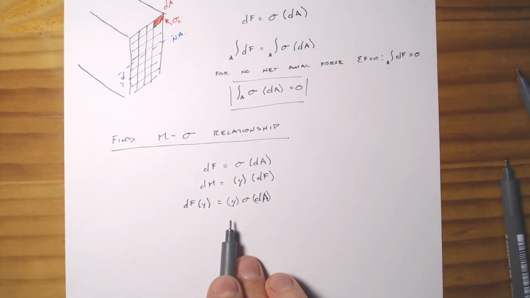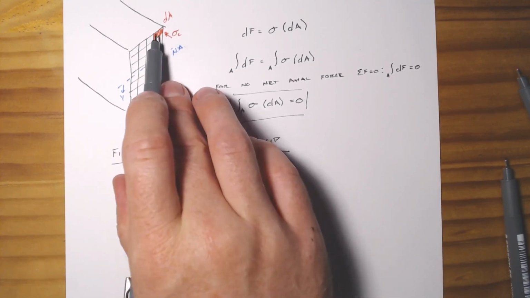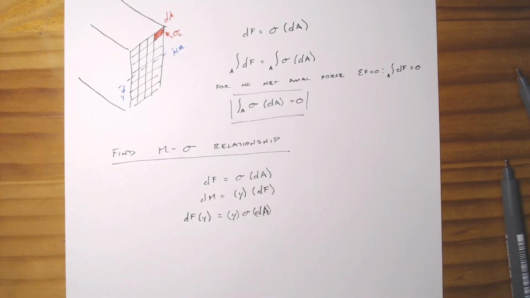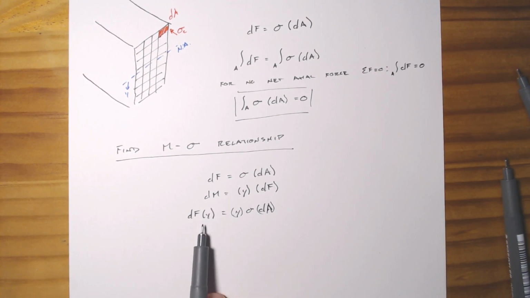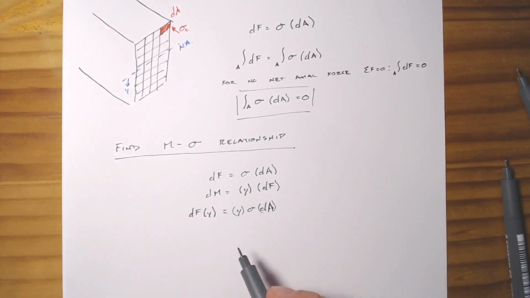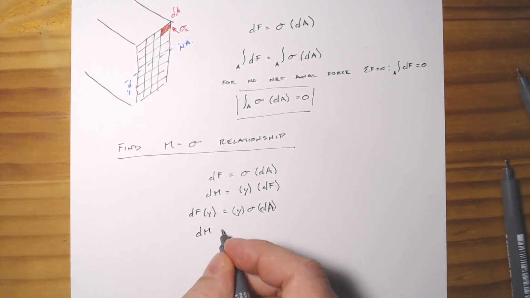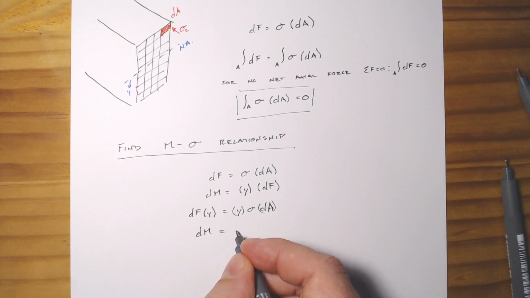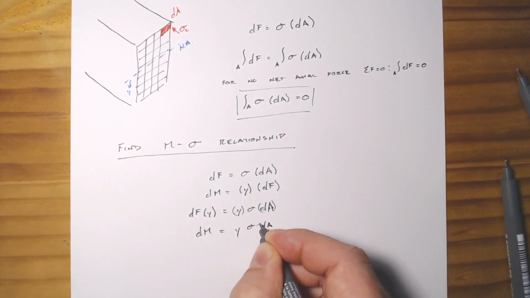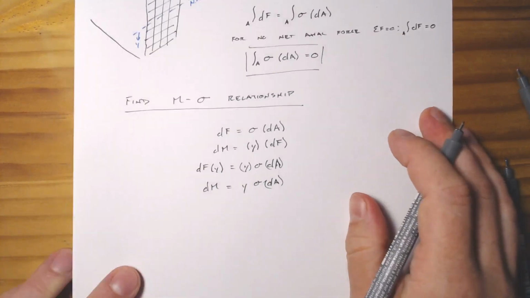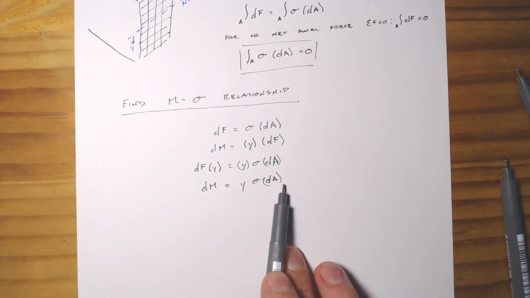So again, this is just substituting this in. Now, this only gives us what this tiny moment is between the neutral axis and this area. So this is only really our relationship between what the stress is. And let me just rewrite this one more time just so we can get directly back to moment: dM equals y sigma dA. There we go. So this is only one tiny little bit of the cross-section, its relationship of its moment to its stress.